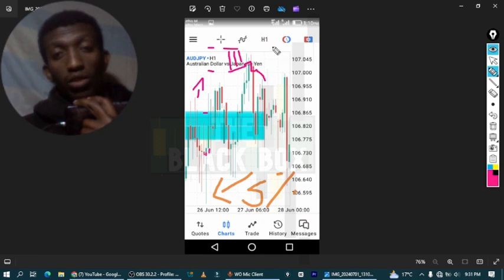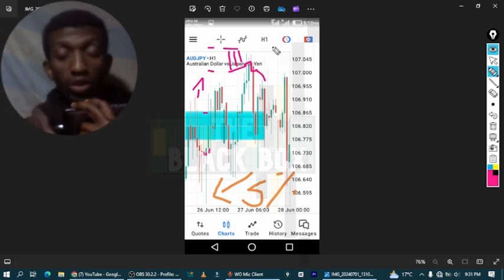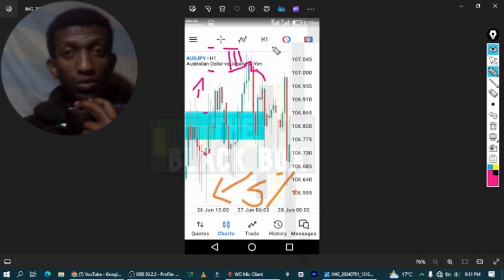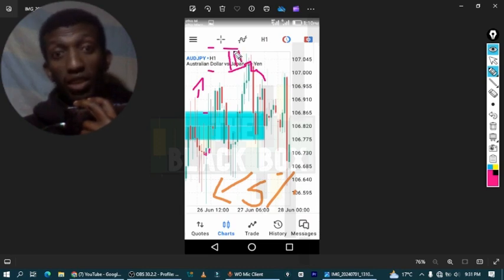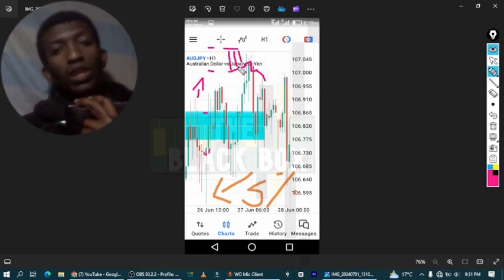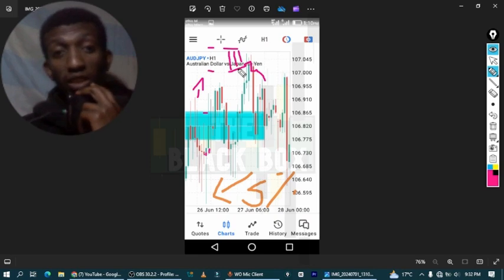I already told you that your take profit depends on the range of the black box. If the black box's height is very high or long, it's going to be a huge take profit. If the range is low, the TP will be very low too. It all depends on the height of the black box.